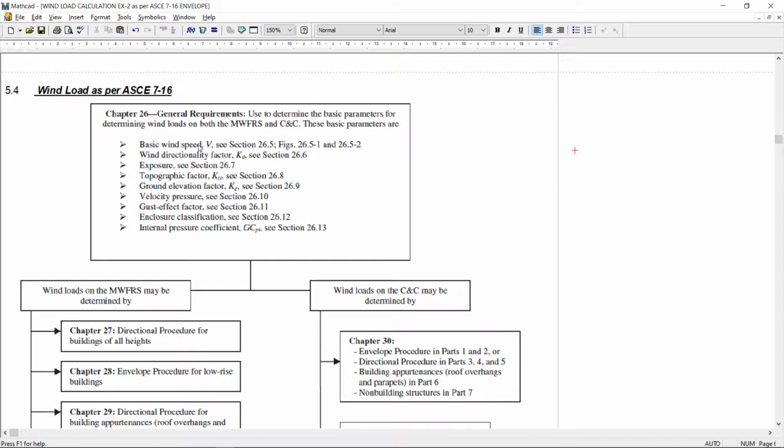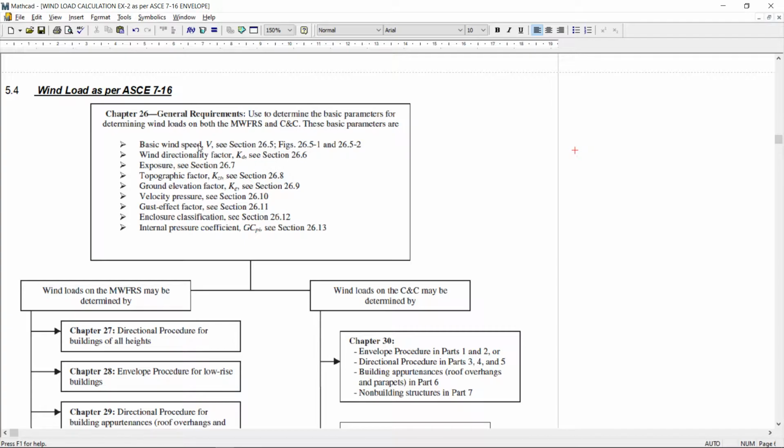Now for your local conditions, you can check the local code, and as per the local code, you should take the wind velocity. But here there is a catch. If in your area the wind velocity is defined before 2010, that means this wind velocity will be giving you a service load. It will not give you an ultimate load.